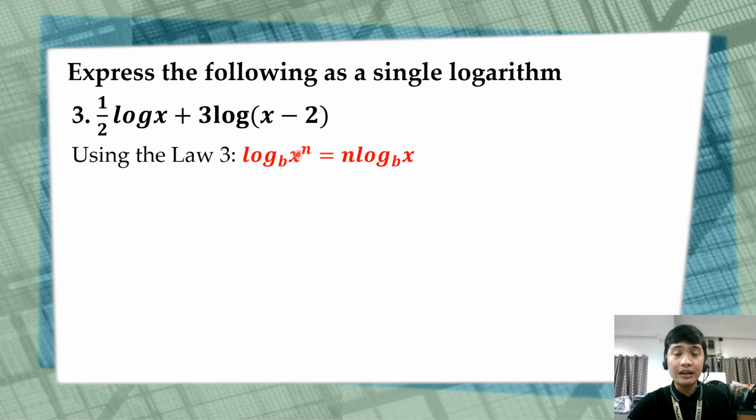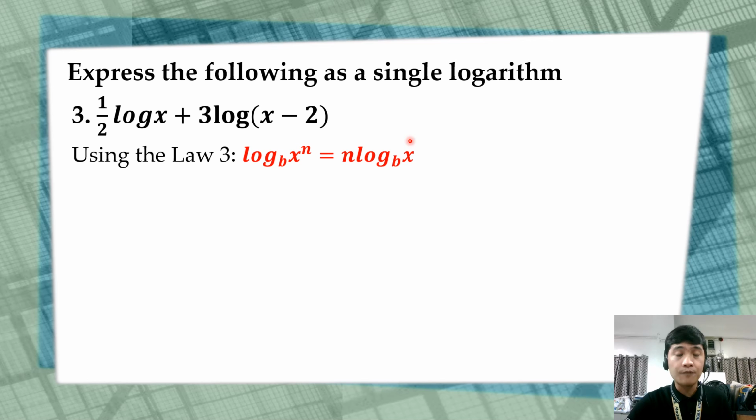Every time that a number is raised to a given exponent and related to a logarithm, the expanded form of that particular expression is the exponent multiplied to the logarithmic term. Okay? So from here, we will express it in its single form.